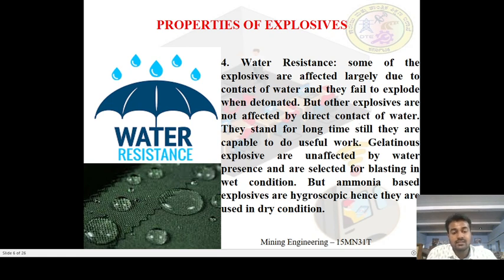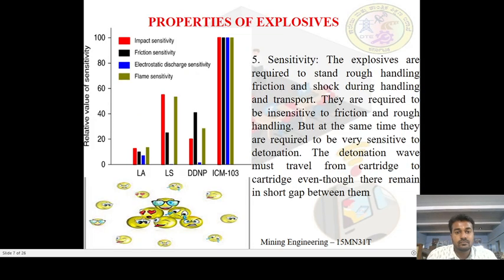For such cases, the explosive should be water resistant, which means the explosive should not be affected by direct contact with water, even though they are immersed for a long time. Such explosives are called water resistant explosives. These are very prime properties of an explosive.